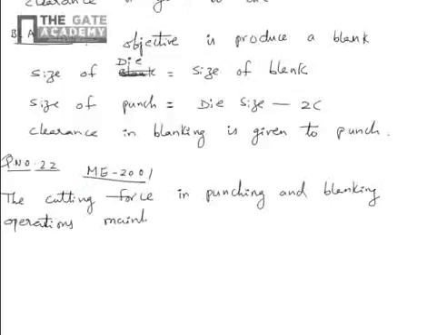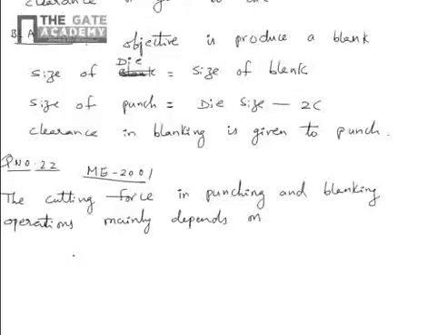I will read the options. A is the modulus of elasticity of the material, B is shear strength of the material, C is bulk modulus of the material, D is yield strength.